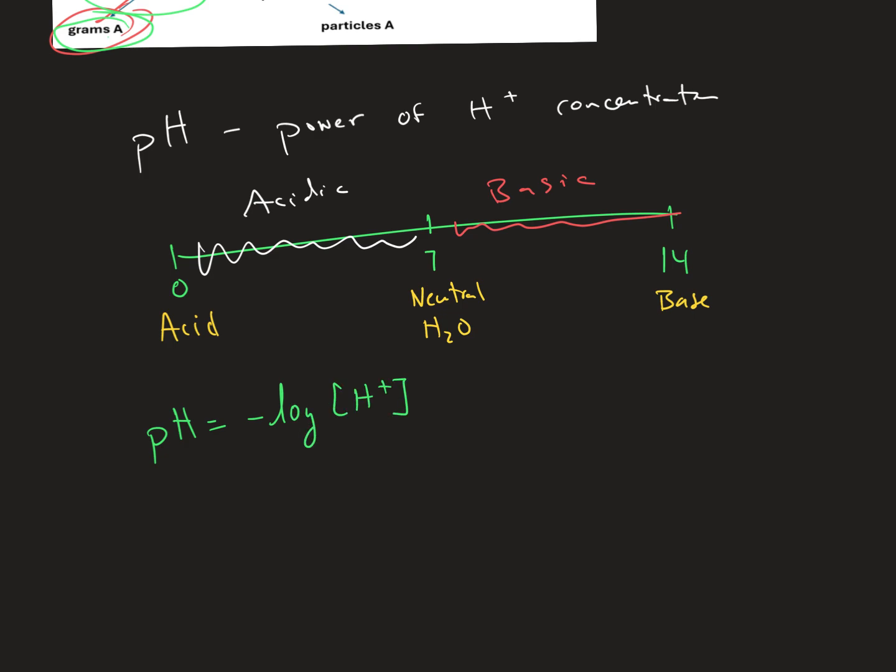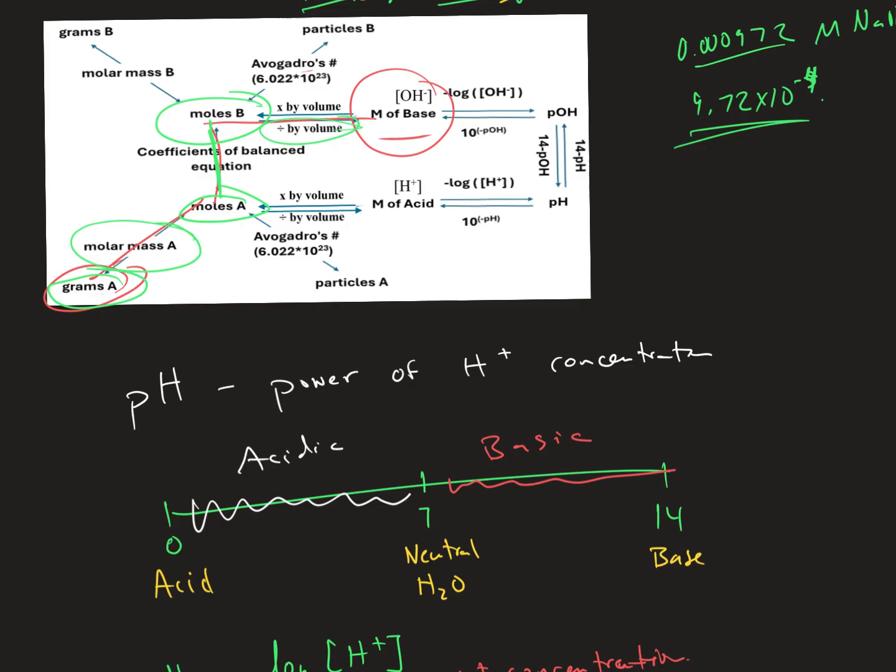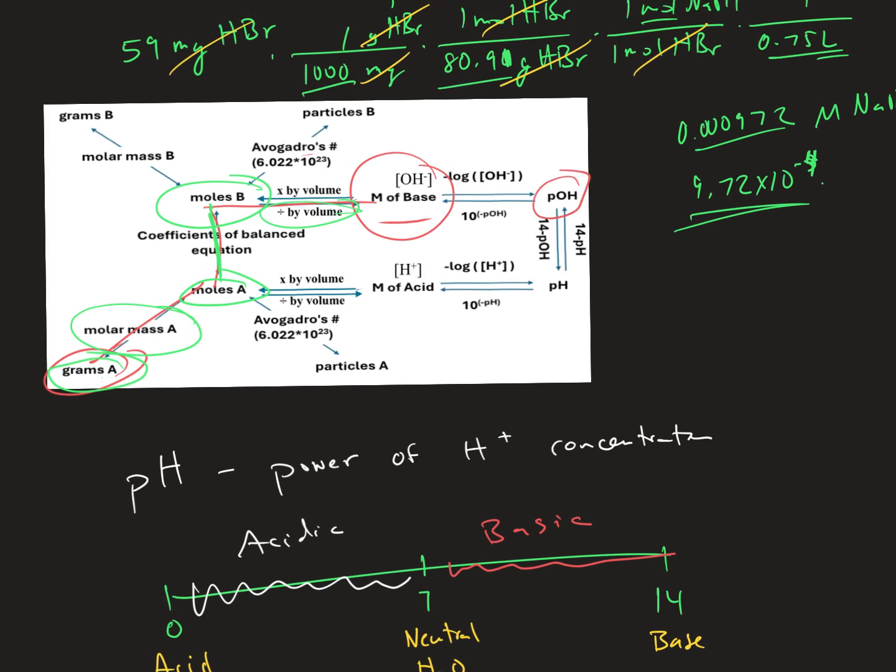Do you remember brackets mean concentration? So this is hydrogen ion concentration. And then, well, we're talking about bases. If you look at the mole roadmap, we have pOH on there.